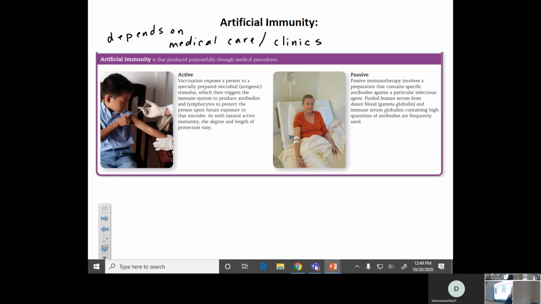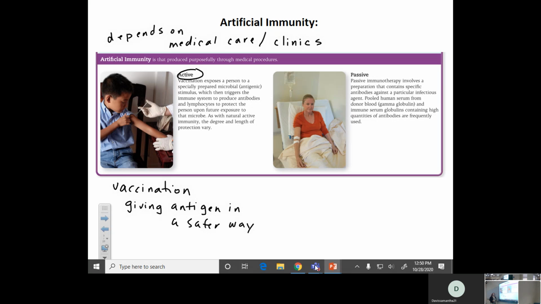Artificial also has active and passive methods. So the active artificial immunity pretty much is vaccination. That's what vaccination is. So we're giving antigen in a safer way than just letting people get the disease.